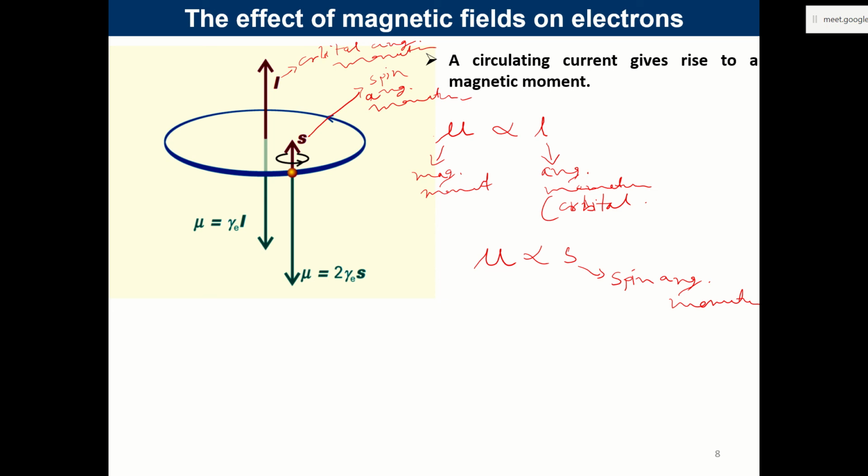These green arrows that you are seeing show this. When you remove the proportionality, mu will be equal to a constant times the angular momentum, and this proportionality constant is called the gyromagnetic ratio.